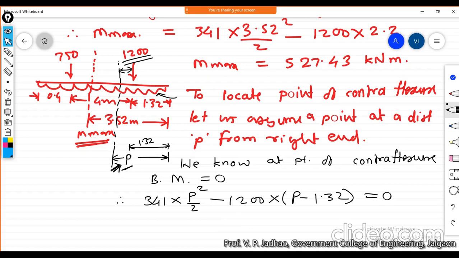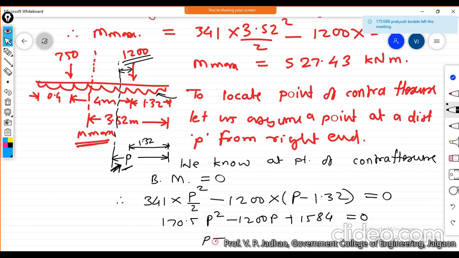Solving this equation, I'll solve up to one step. Divide 341 by 2, it will be 170.5 multiplied by p square minus 1200 p plus 1584 equal to 0. Solve this equation and we'll get two values of p.